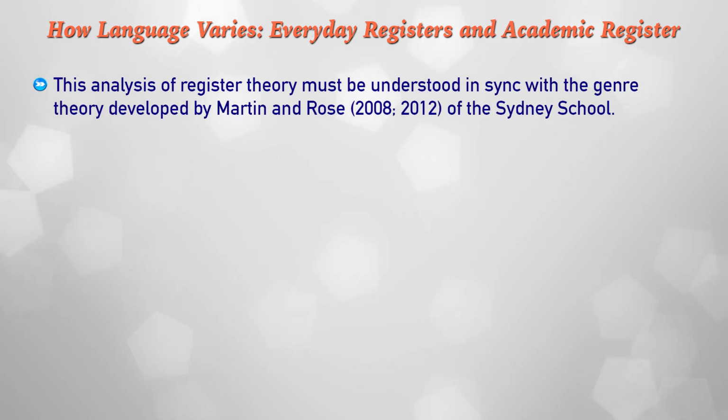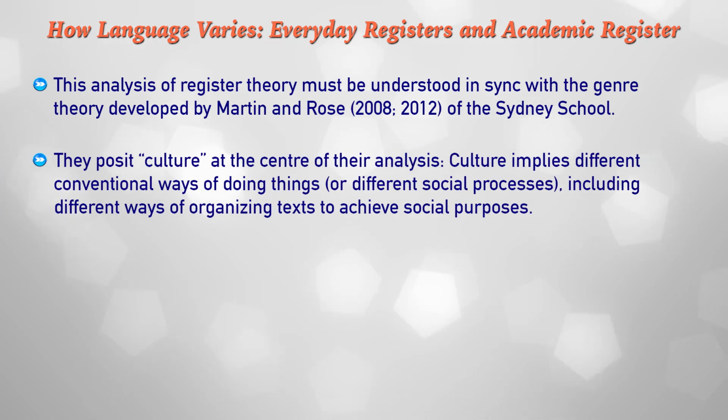This analysis of register theory must be understood in sync with the genre theory developed by Martin and Rose of the Sydney School. They posit culture at the center of their analysis. Culture implies different conventional ways of doing things or different social processes, including different ways of organizing texts to achieve social purposes.